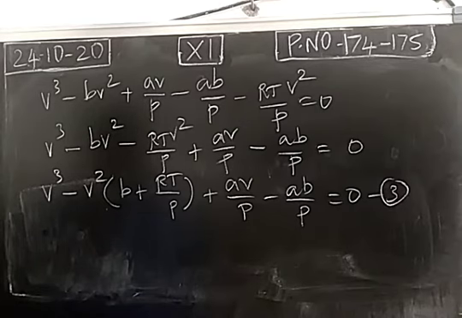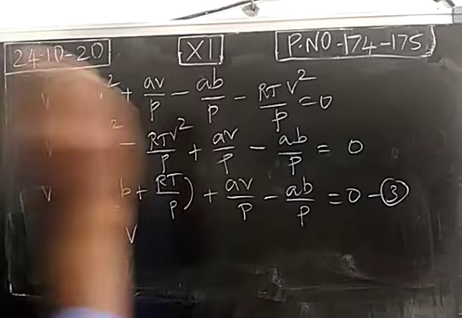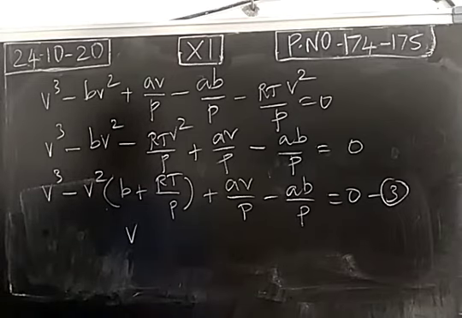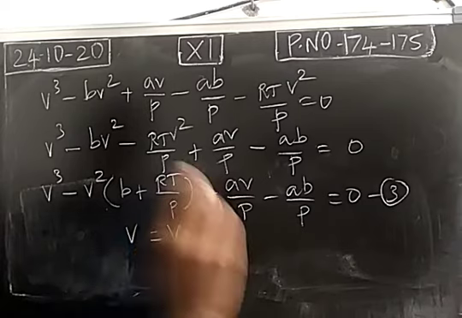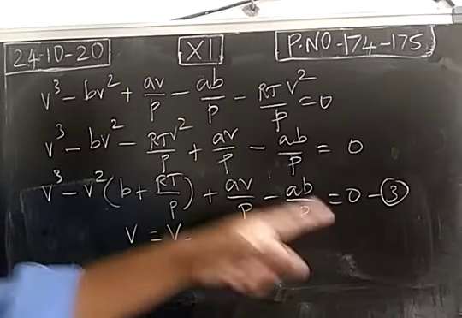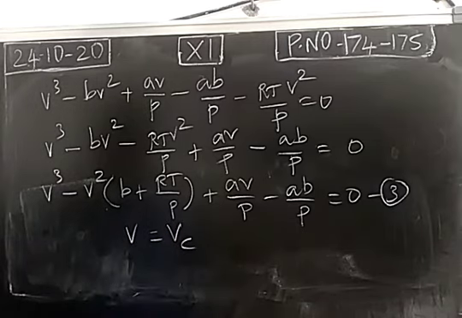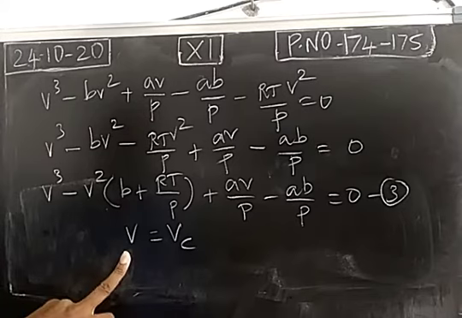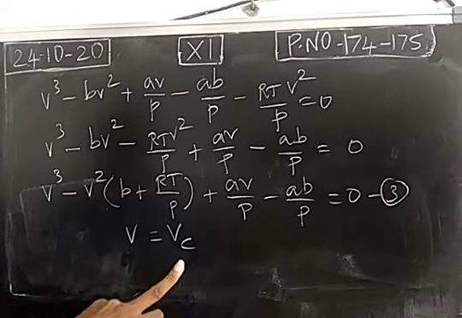So the 3 solutions of volume V will be equal to the critical volume. So at critical points, the 3 solutions of volume V will be equal to the critical volume. So this is a cubic equation. When we solve it, 3 solutions will be there, and the 3 solutions of volume V at the critical point will be equal to the critical volume.